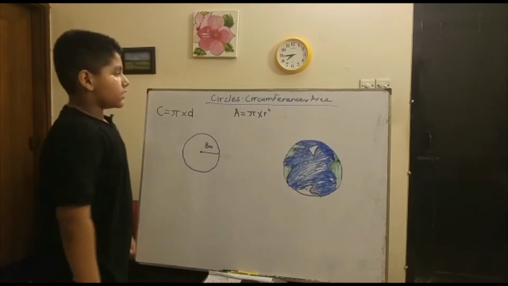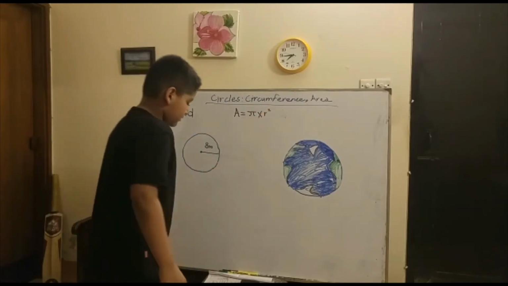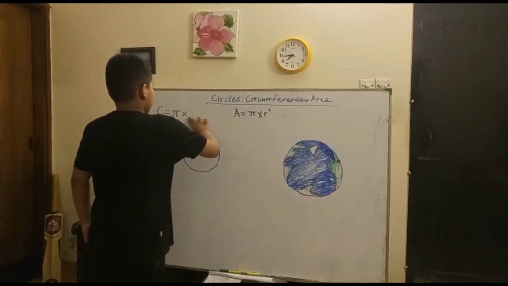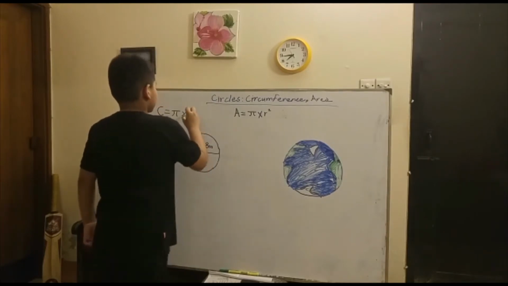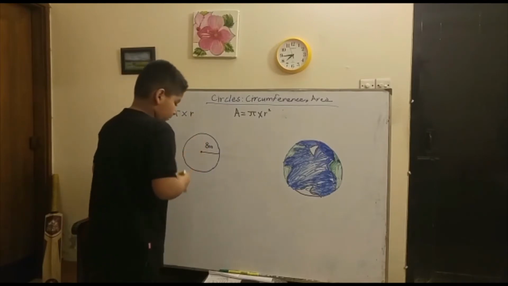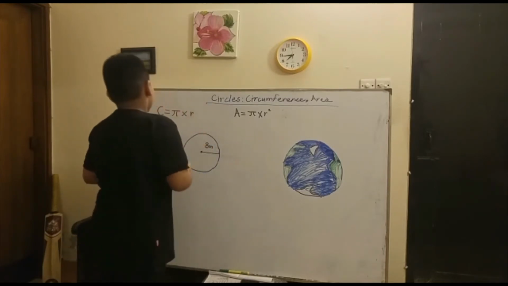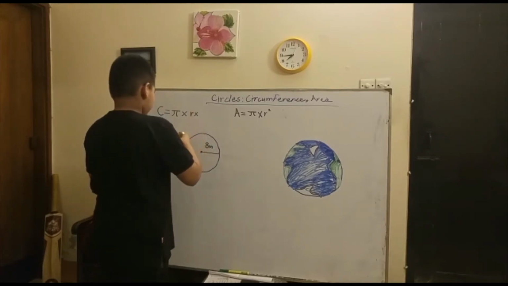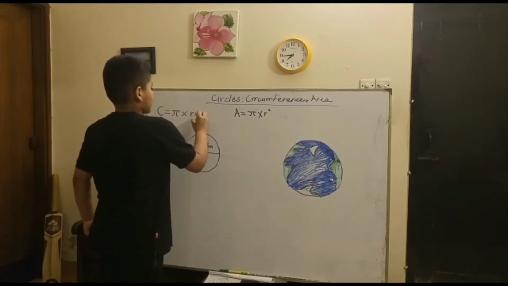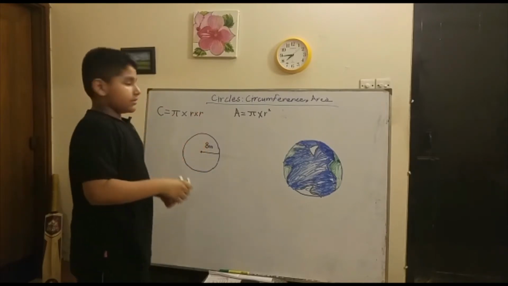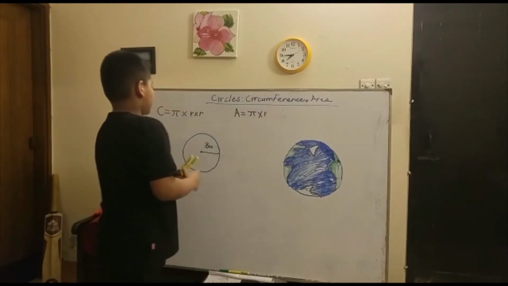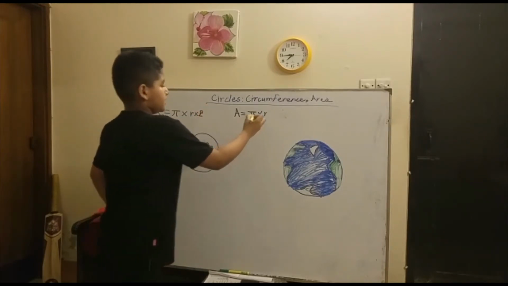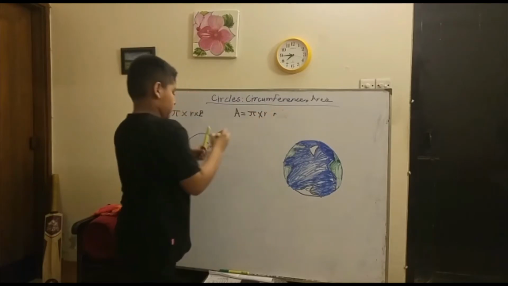Now I'm going to tell you the confusion. You see, diameter is 2 times the radius. So what we can do is rewrite the formula as circumference equals pi times radius times 2. But radius squared is going to be radius times radius.